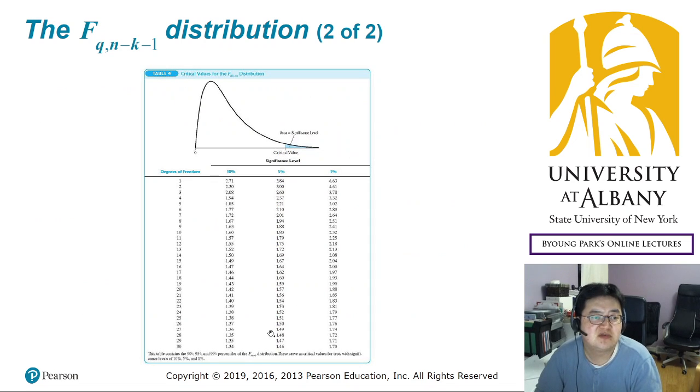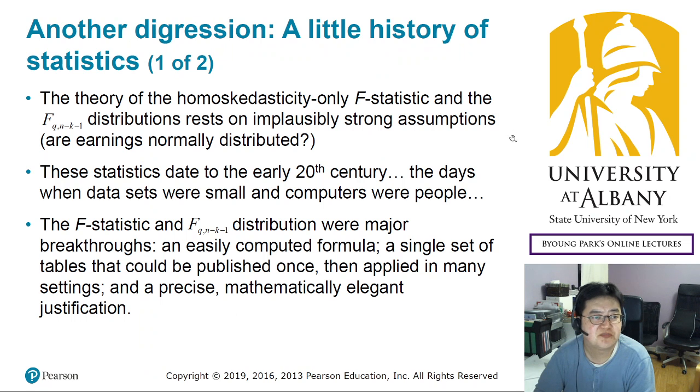Some textbooks have this kind of table, the F distribution table. Depending on the degrees of freedom, the threshold for the 10%, 5%, and 1% significance levels changes. I think it's useless, so you do not need to know this.